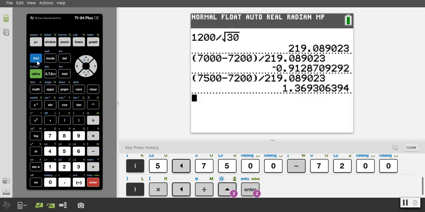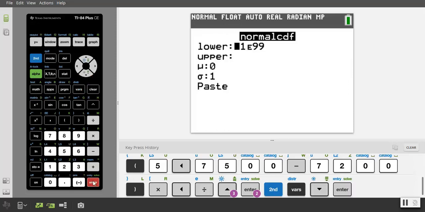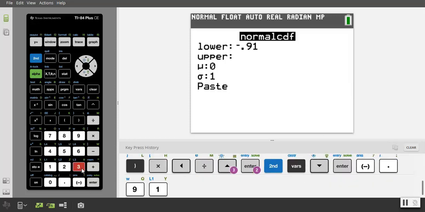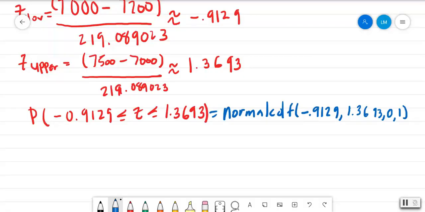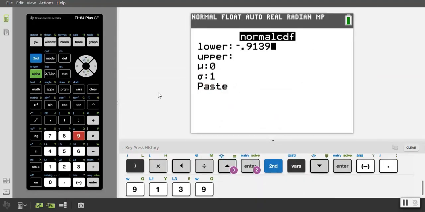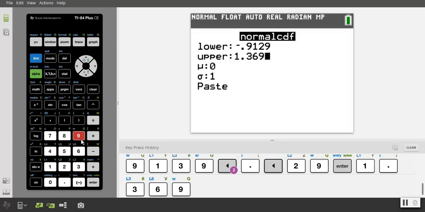So let's do this. We'll do second vars, normal CDF. Our lower bound was negative 0.9129. Let me just check to see that that's correct. Okay. And then we have 1.3693.